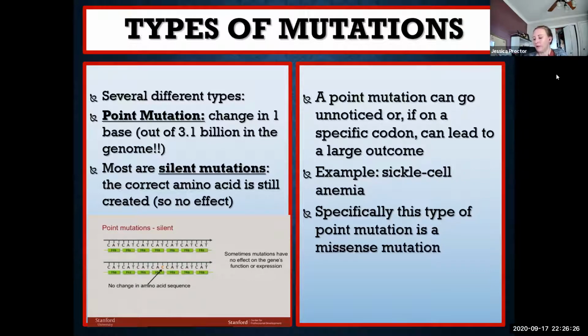Of course, those of us that study evolution wonder why such a terrible, deadly disease developed, and why it did not get removed from the gene pool if it was so detrimental. Well, the reason is if you inherit it in the heterozygous form, so if you inherit a mutated allele from one parent and a normal gene for hemoglobin from the other, the AS genotype, then you're actually resistant to malaria.